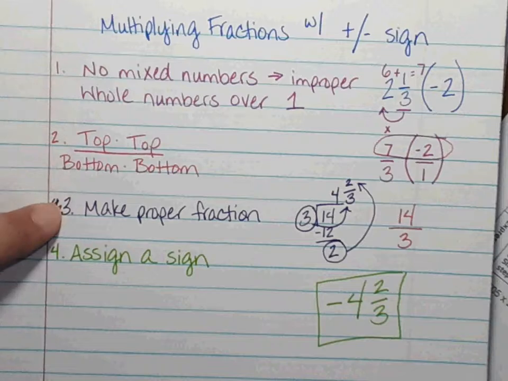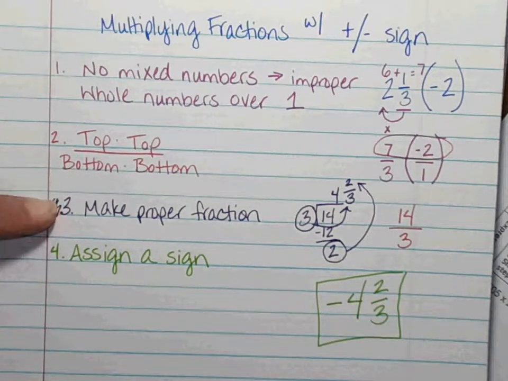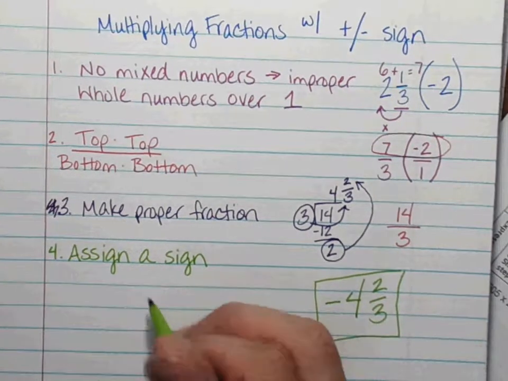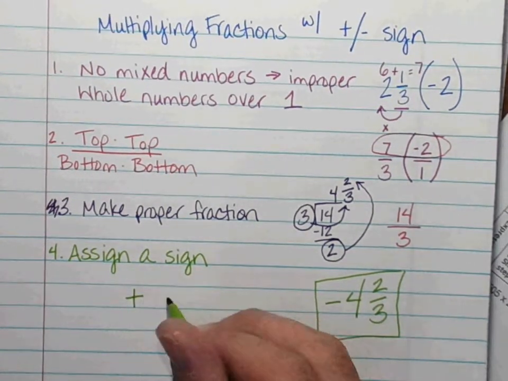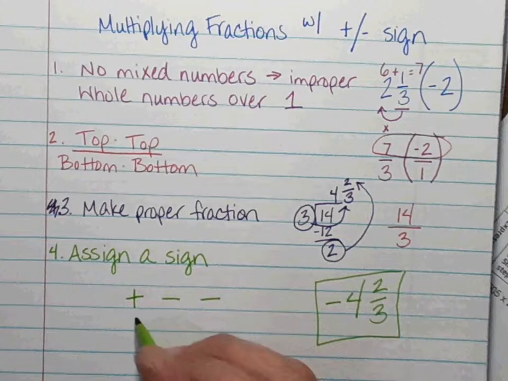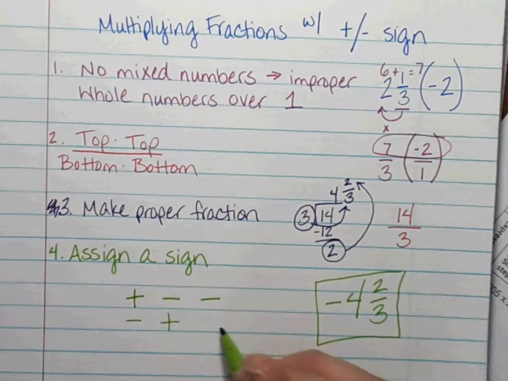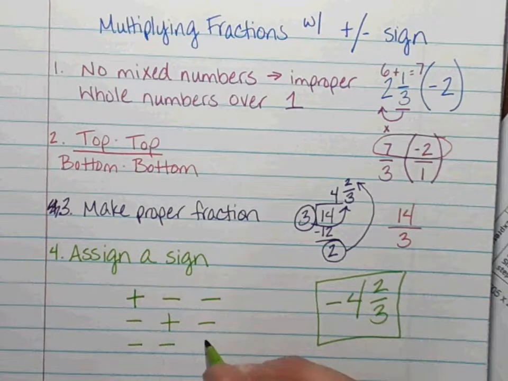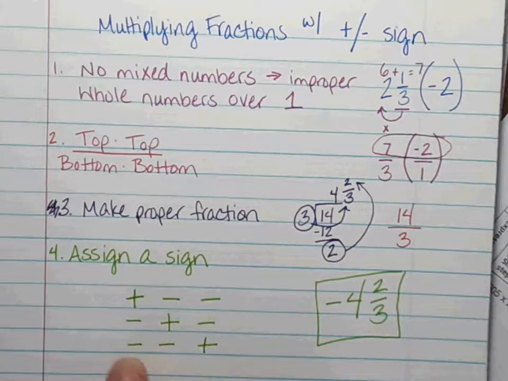The only thing that's different from 6th grade fractions is this step right here. Step 1, 2, 3, that was 6th grade. Step 4, 7th grade. And we know that a positive times a negative is a negative, a negative times a positive is a negative, and a negative times a negative is positive. Or like we talked about on Friday, if the signs are the same, it's a positive.